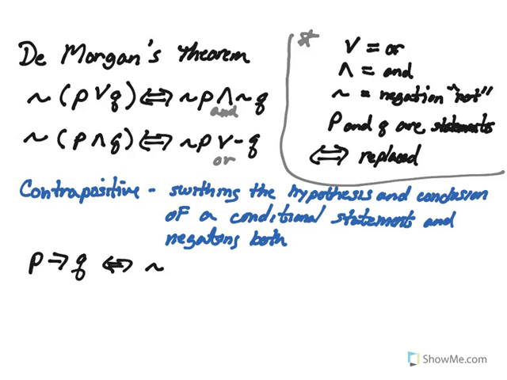Remember, the definition is switching the hypothesis and the conclusion. The P is often the hypothesis, the Q is often the conclusion. So if you have two statements, the first statement, if P, is generally the hypothesis, and the following statement, represented by Q, is the conclusion. So if you switch those and negate both of those statements, you have this. I put Q up front, negate it, and then you also have this.